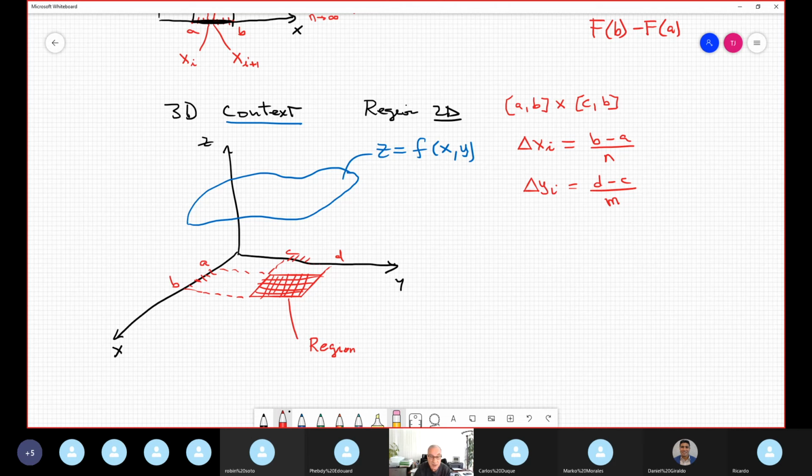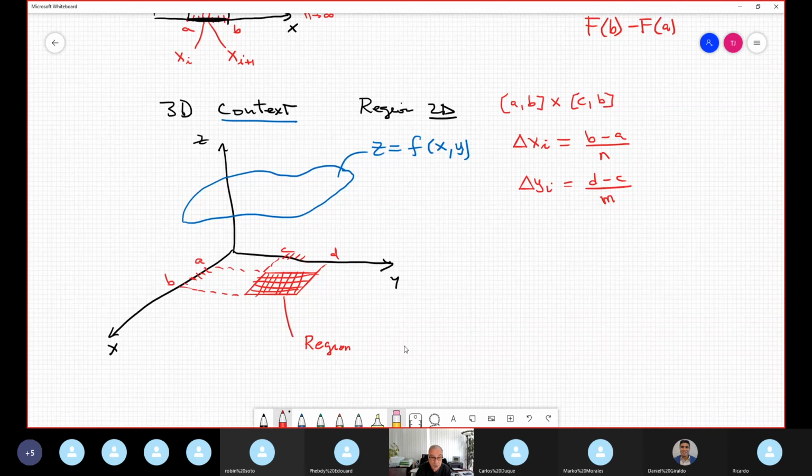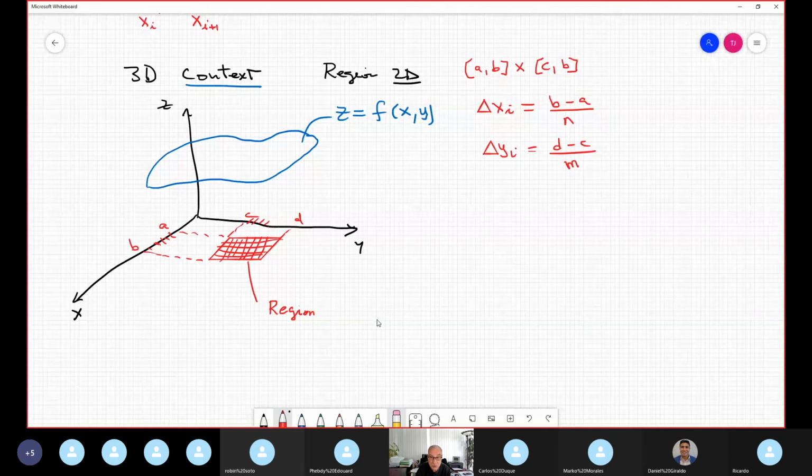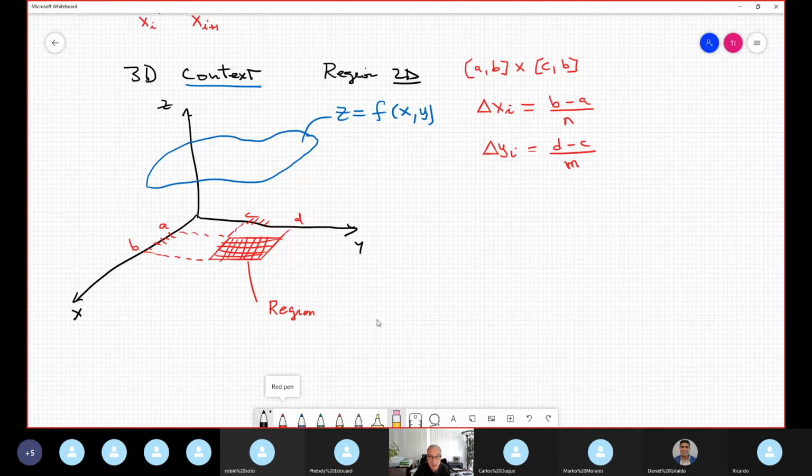Now I am ready to set out the equation for the Riemann sum. But in this case, a double Riemann sum. So pay attention, and now you try to understand the interpretation for the double integral.